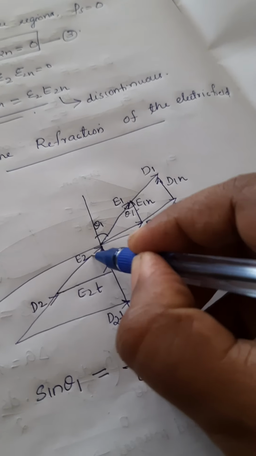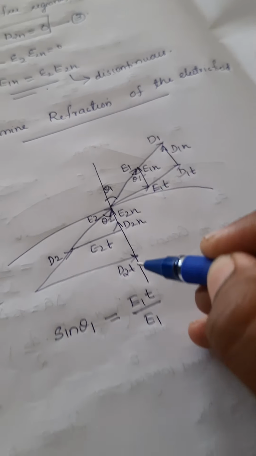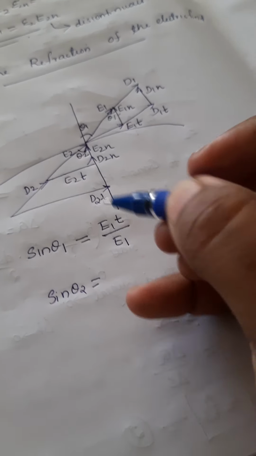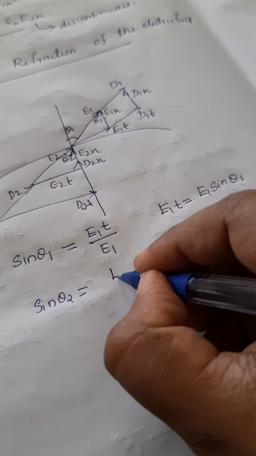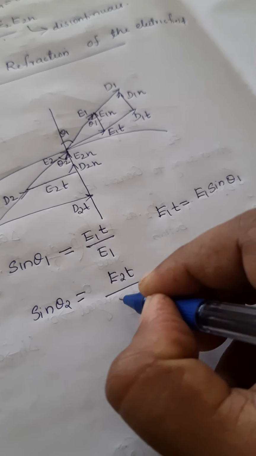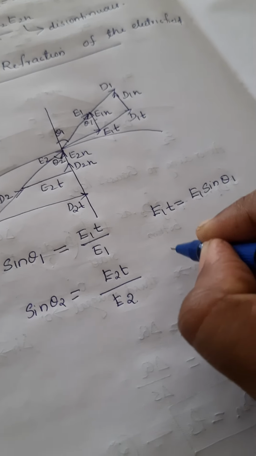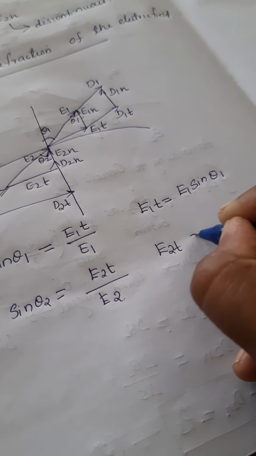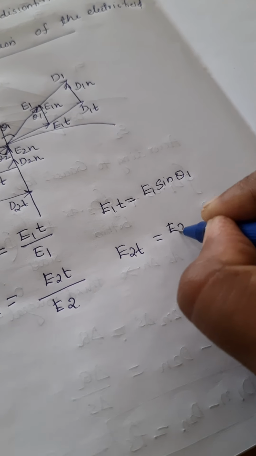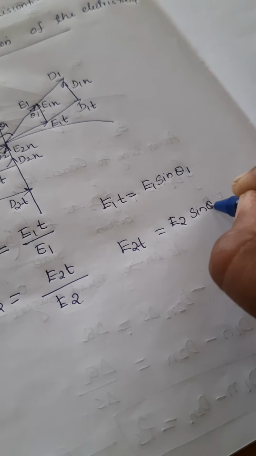And similarly for theta 2, what is sine of theta 2? Sine of theta 2 is E2t divided by E2. So we can write E2t is equal to E2 sine of theta 2.